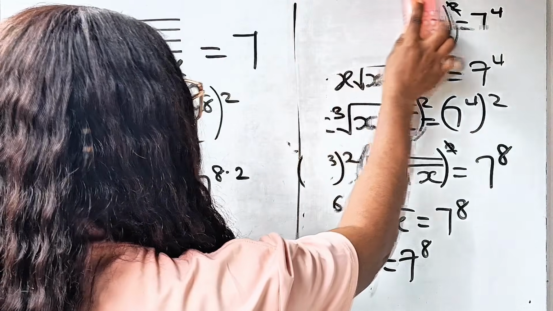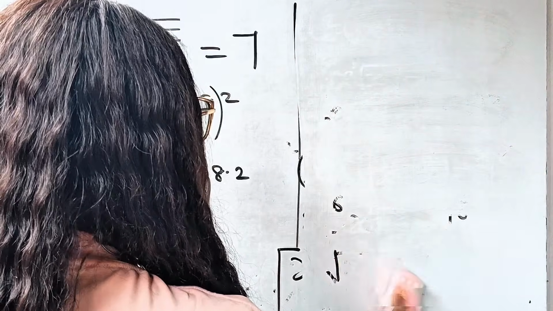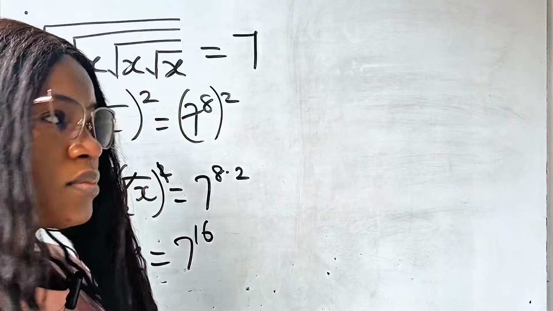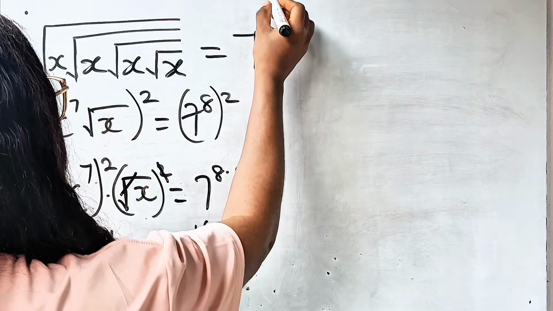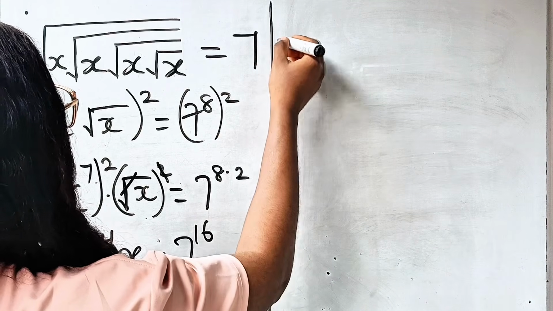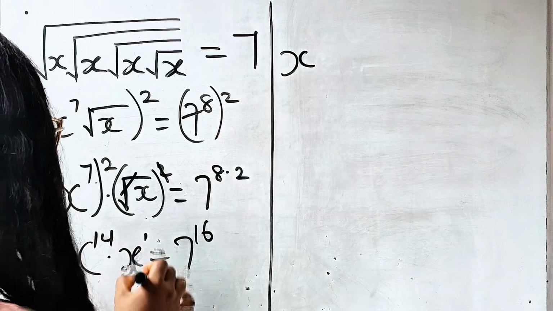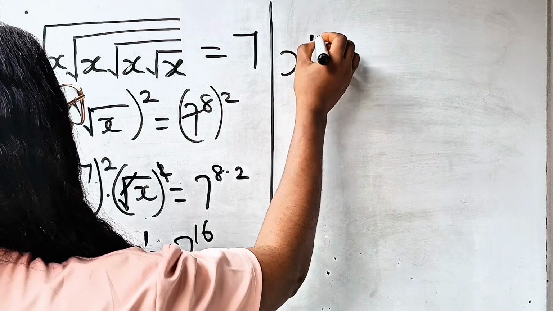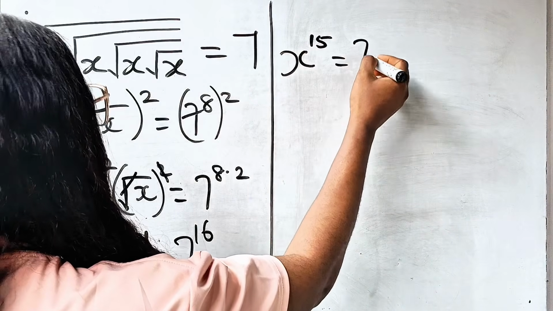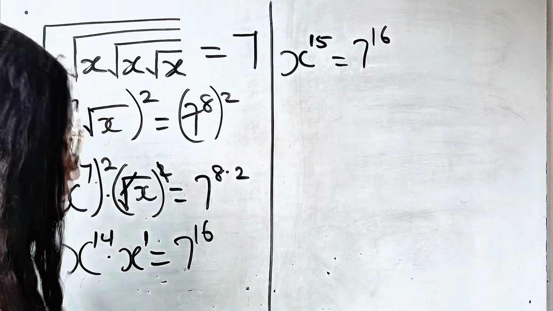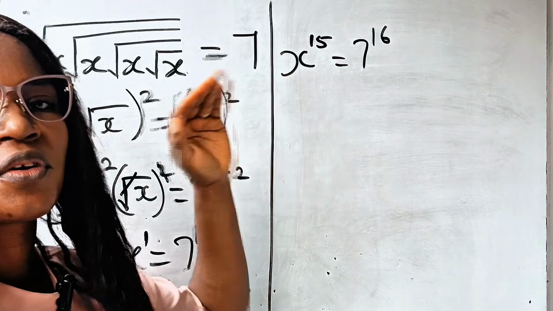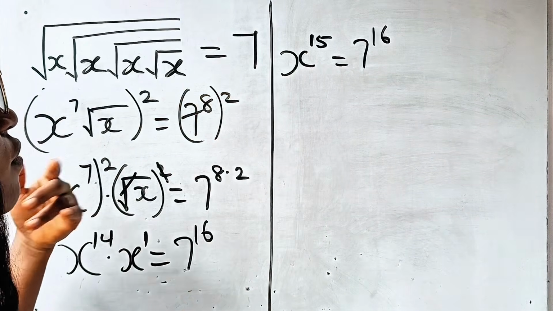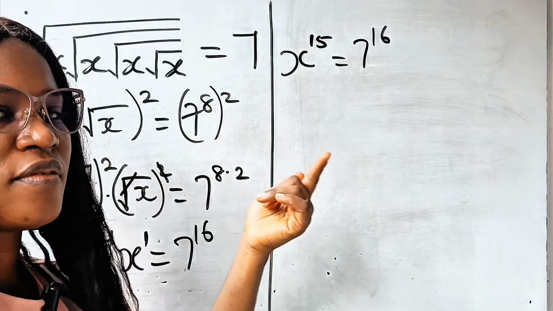Now moving forward, we have x to the power of 14 plus 1, which is 15, is equal to 7 to the power of 16. Now remember that we are looking for the value of x and not the value of x to the power of 15.